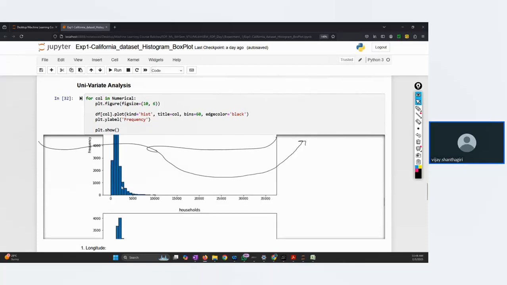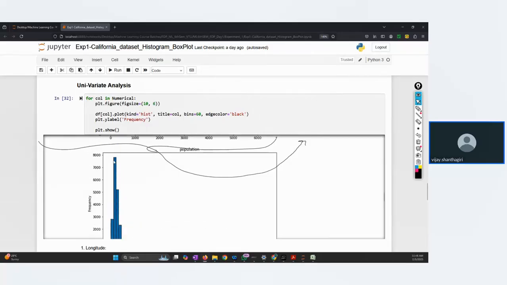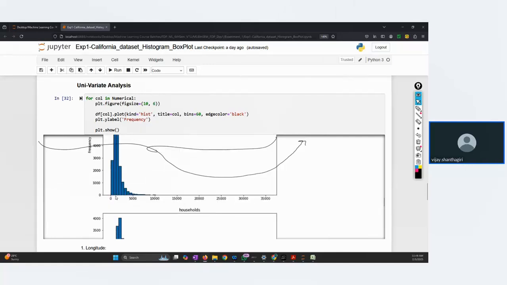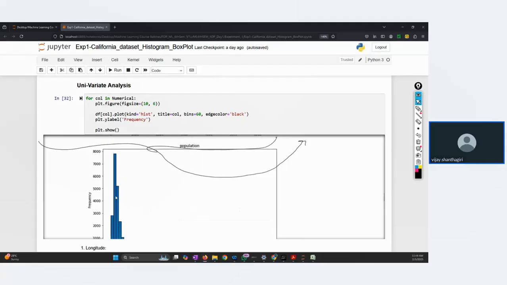So mostly you have communities where 0 to 5,000 people in a community are existing. If this is 5,000, and I'm guessing this is 0, 1,000, 2,000, 3,000, or 0, 500, 1,000, 1,500, 2,000, 2,500, 3,000, the difference here is 500 each. So around 2,000 members colony, there are 8,000 colonies where 2,000 people are staying.